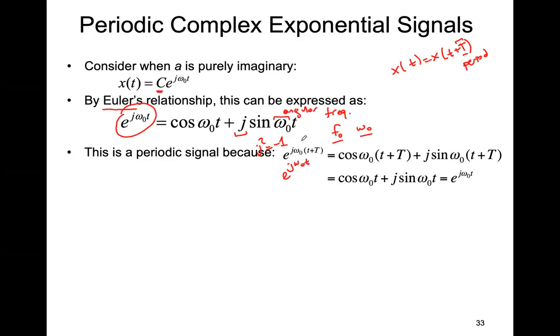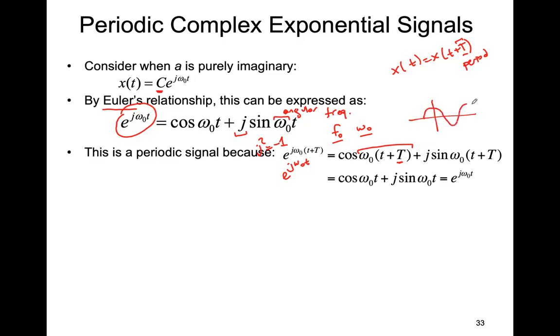If these are equal to each other, then that means the signal is periodic with capital T. So if I put cos(omega 0 t plus T) and j sin(omega 0 t plus T). If you think about this like cosine, let me draw a cosine signal here.